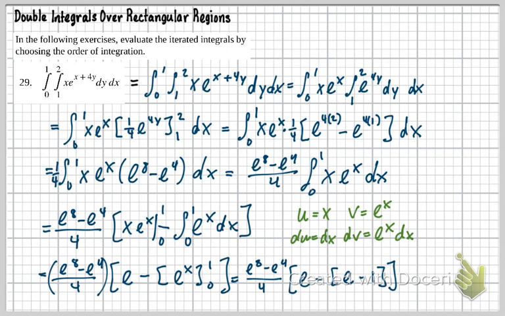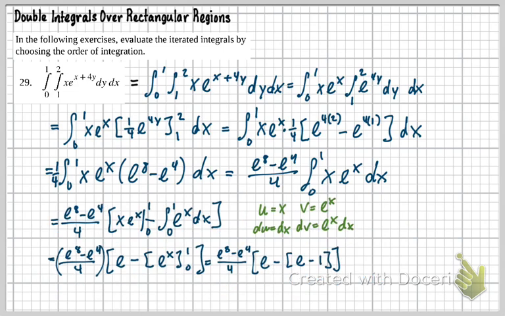I should have made it just a little smaller. So then I can say that this equals, now what's going to happen is these e's are going to cancel, and that's going to become a plus 1 because I'm going to distribute the negative through.